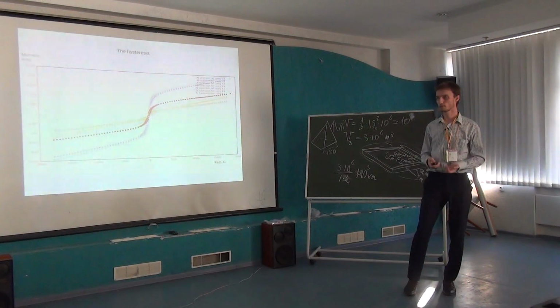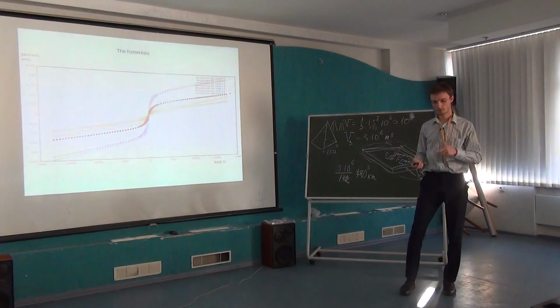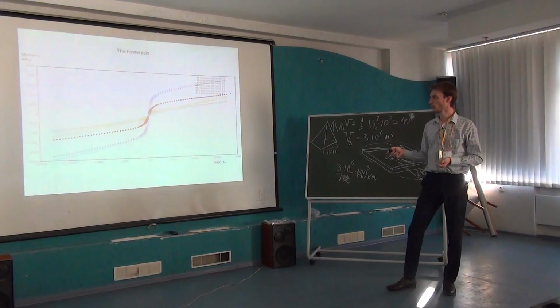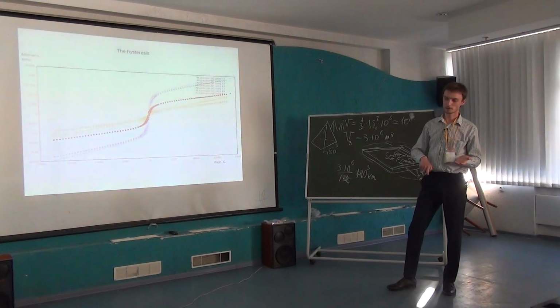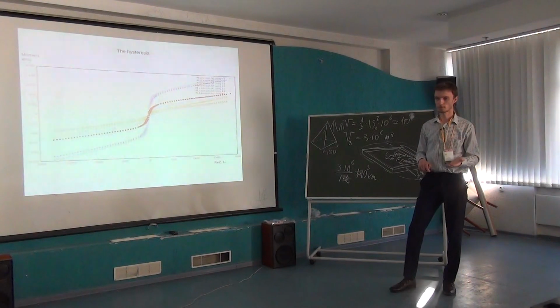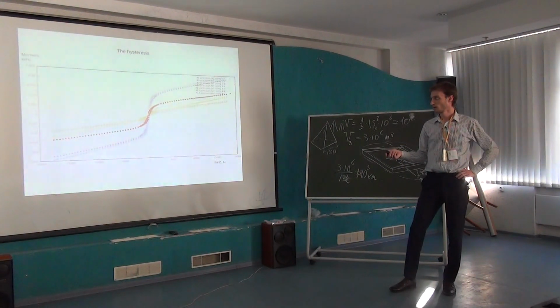It can be up to 6%, but this is both 2+ and 3+ iron. So it can also contain ferromagnetic and non-magnetic iron in it.